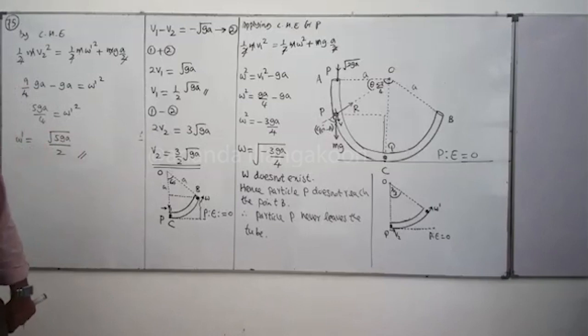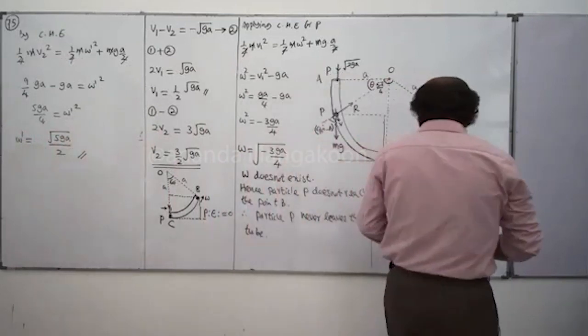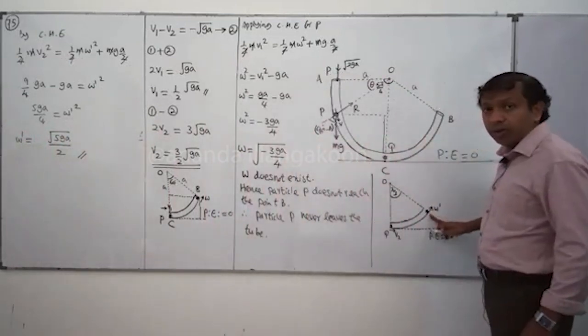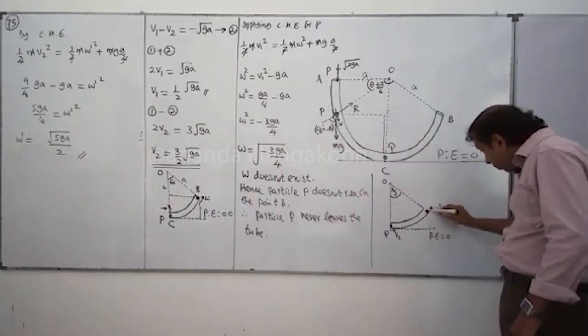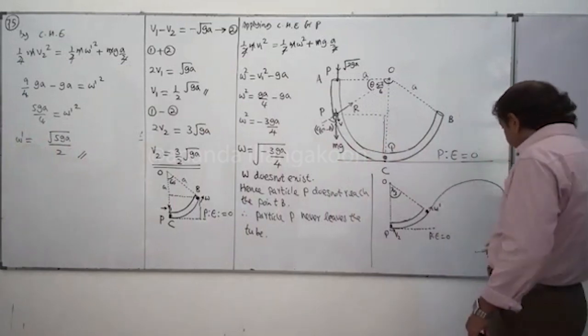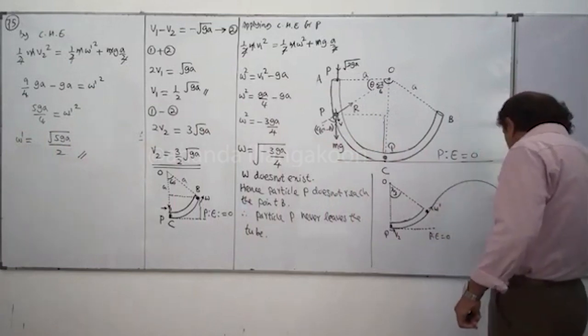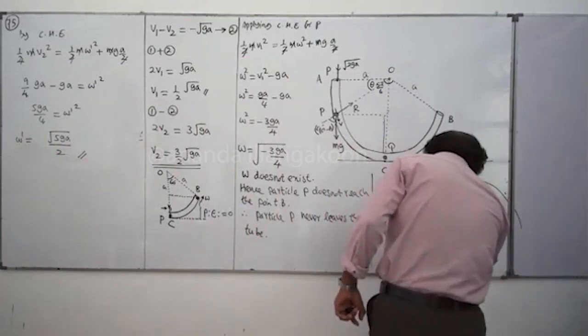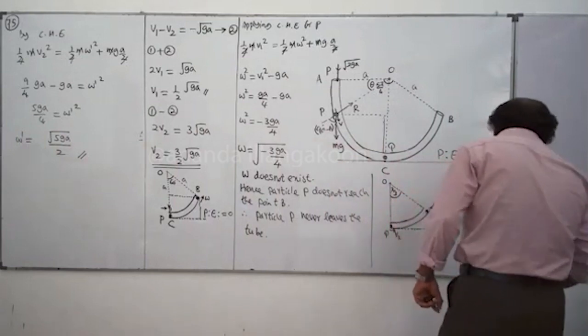Now we are asked to find the maximum height from the floor reached by the particle Q after it leaves the tube. After leaving the tube at B, the particle begins the projectile motion like this. Now we find the maximum height attained by the particle Q from the ground.